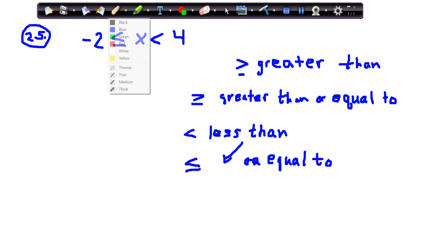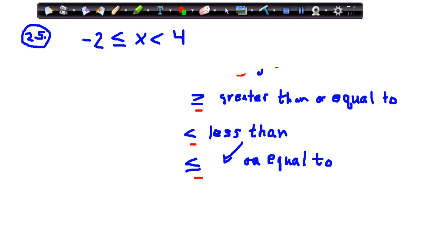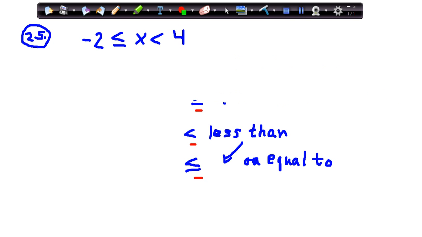Let me get my red so you can see what I'm illustrating. So greater than, obviously. Greater than or equal to. Less than or equal to. Okay, let's erase that and then see if we can do one of the sample problems. I know you have it in your book, but I want to illustrate it so you can understand it. I'll do the problem, then you can see exactly how they did it.